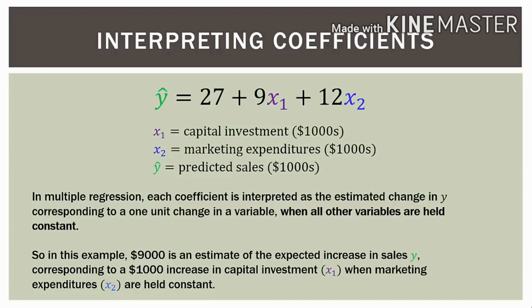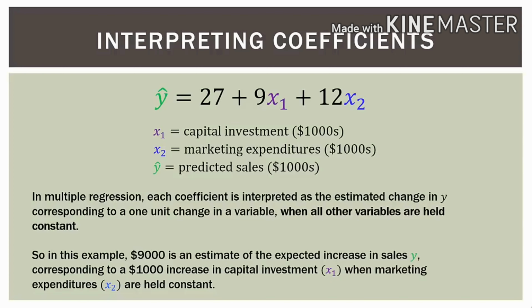And that's how we interpret the coefficients in multiple regression. We could flip that and say, well, $12,000 is an estimate of the expected increase in sales y, corresponding to a $1,000 increase in marketing expenditures when capital investment is held constant. So a 1-unit increase when all the other variables are held constant.